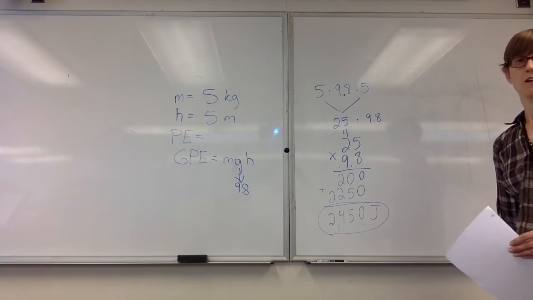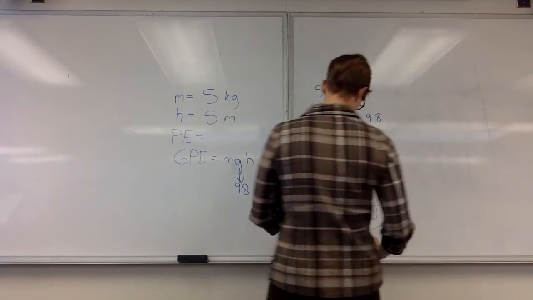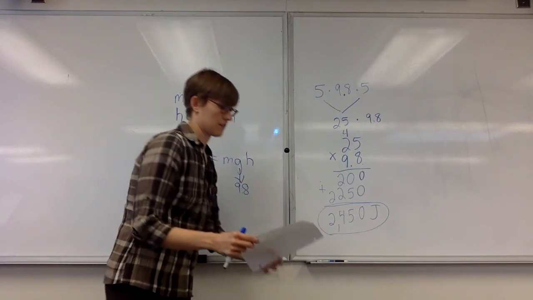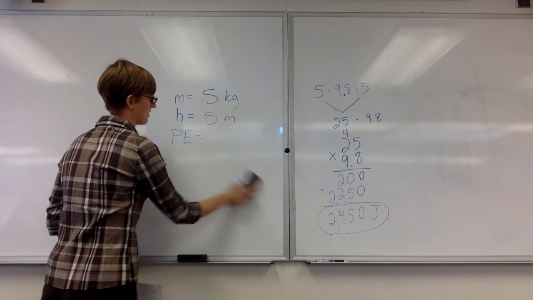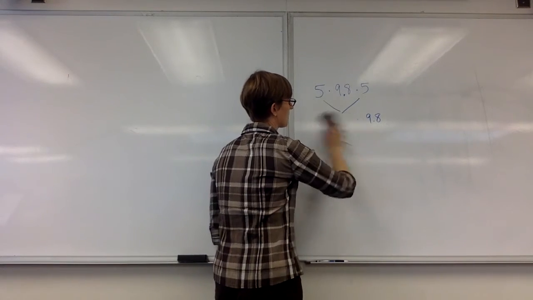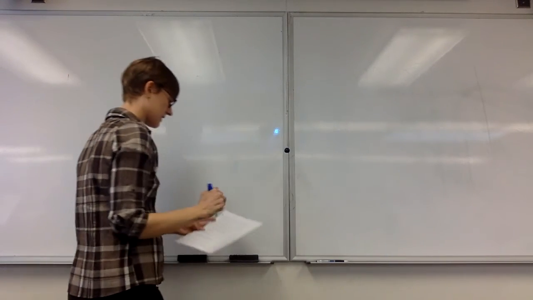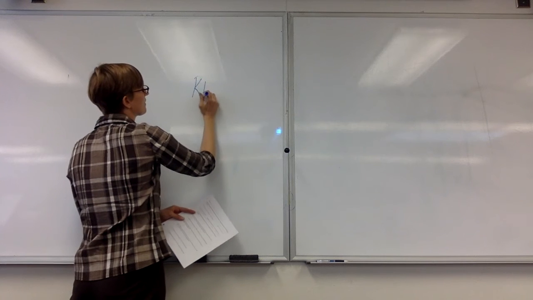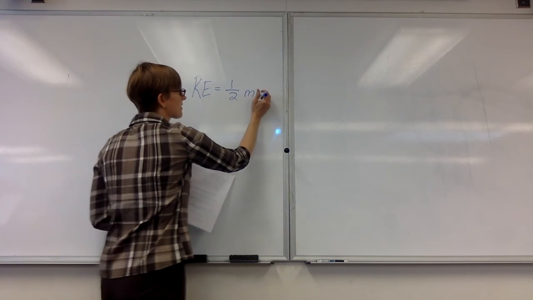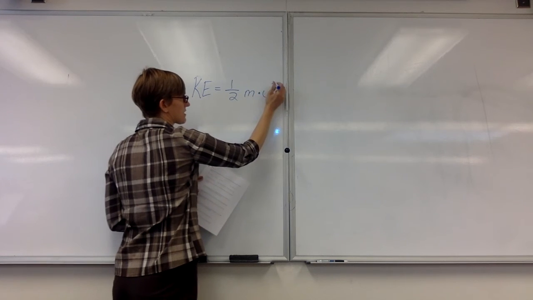Okay. Now, for the second part, they have us working with kinetic energy. So let's look at the kinetic energy. The formula for kinetic energy equals 1/2 mass times velocity squared.